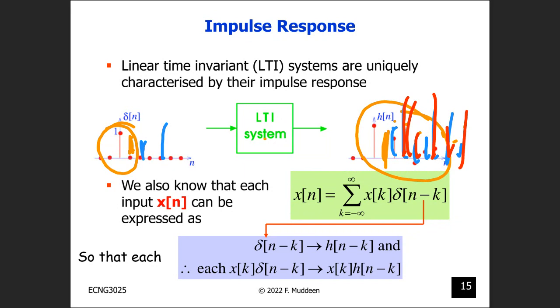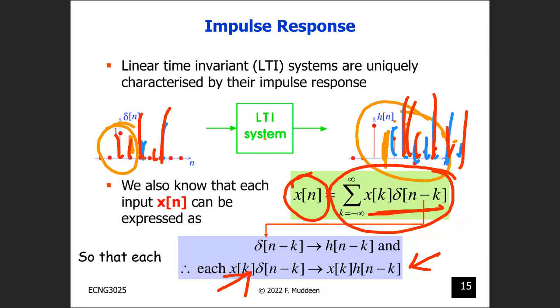So in other words, each x[k] delta[n minus k], which are these values that I might be putting in, generates its own set of values coming out, so that the overall response of the system is going to be a sum of all of the individual responses coming out.